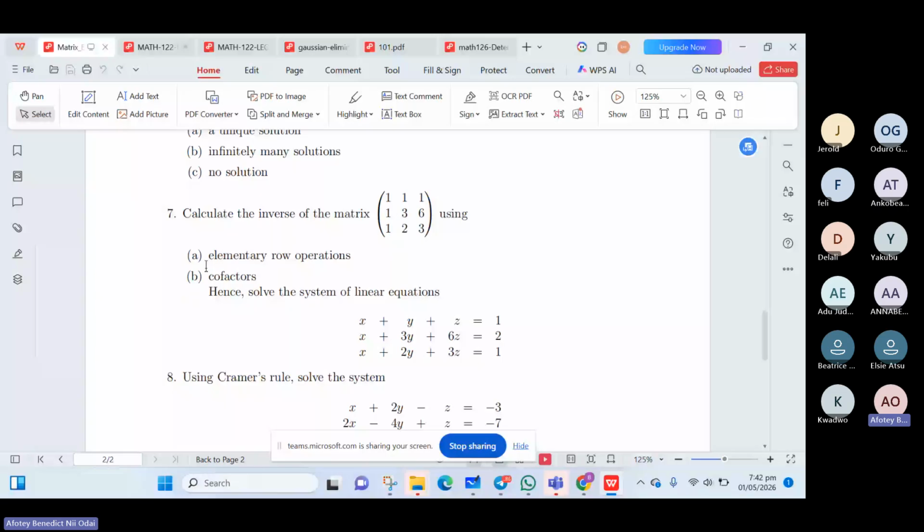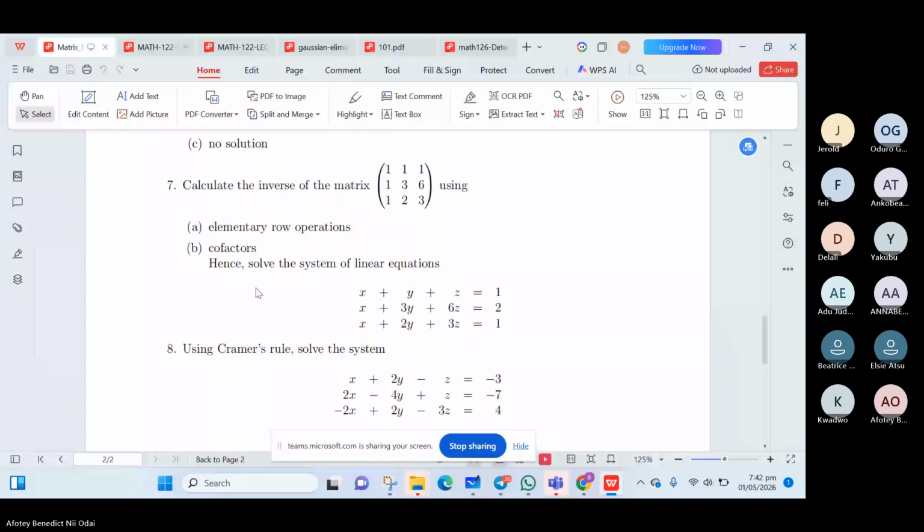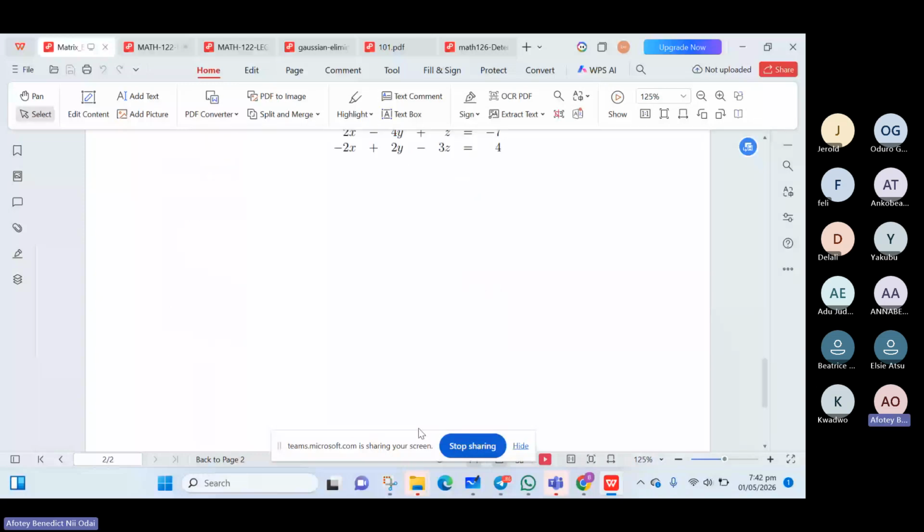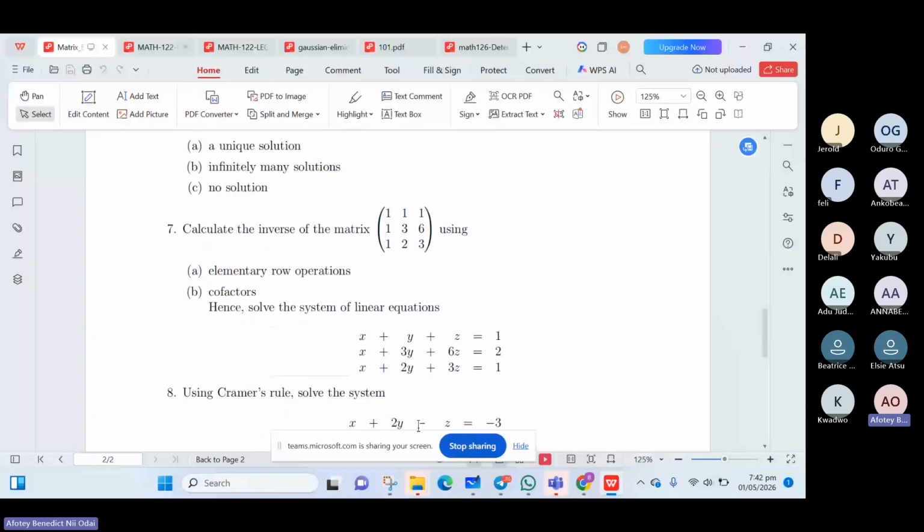So if you see ERO, it means the elementary row operations. Let's look at that right now. So this is the last thing we'll be doing with this exercise, right?